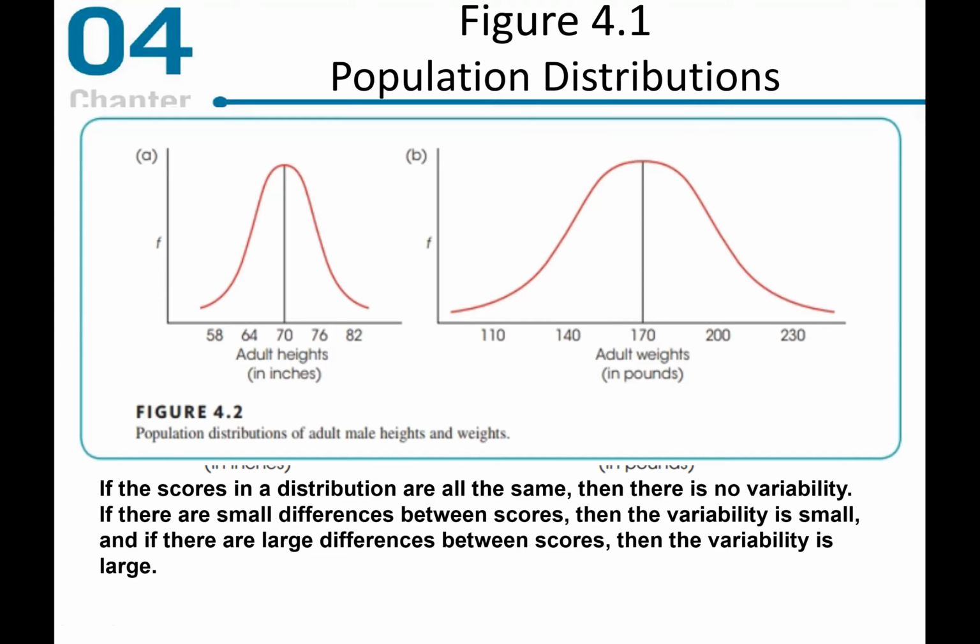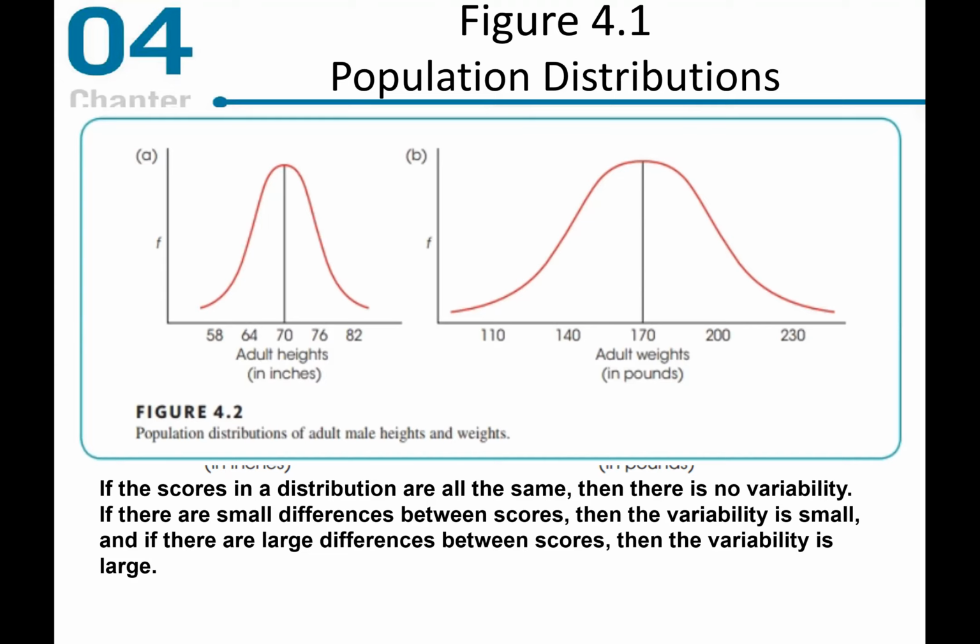So if all the scores in a distribution were the same, then there would be no variability, because nothing would be varying. Everything would be the same. But if there are small differences between scores, then the variability is going to be small.